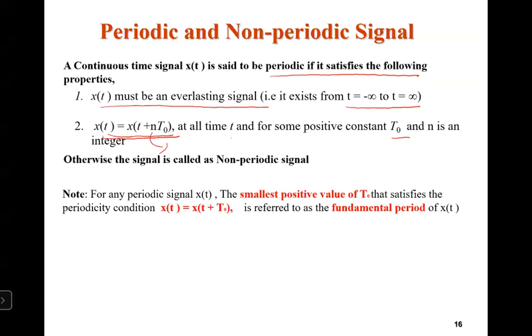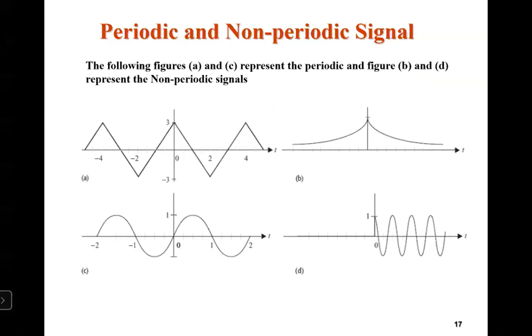Otherwise, if it is not satisfied, then it is called a non-periodic signal. I'll go with an example. For any periodic signal, the smallest positive value of T0 that satisfies the periodicity condition is called the fundamental period.